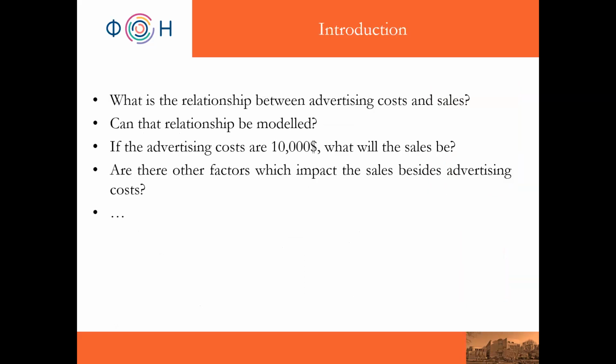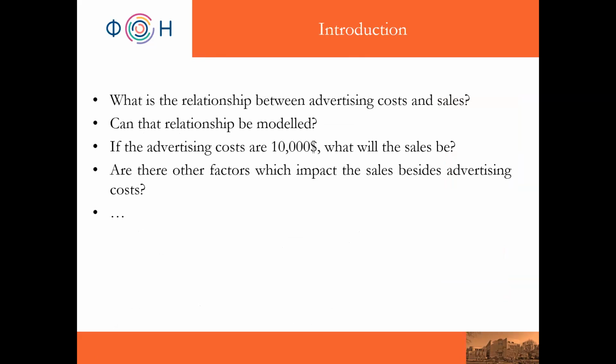So at the beginning, the question that we have is how can we, for example, model the relationship between advertising costs and sales? First, we are maybe interested to see whether there is some kind of a relationship between these two variables. We can be interested in the direction of that dependence.